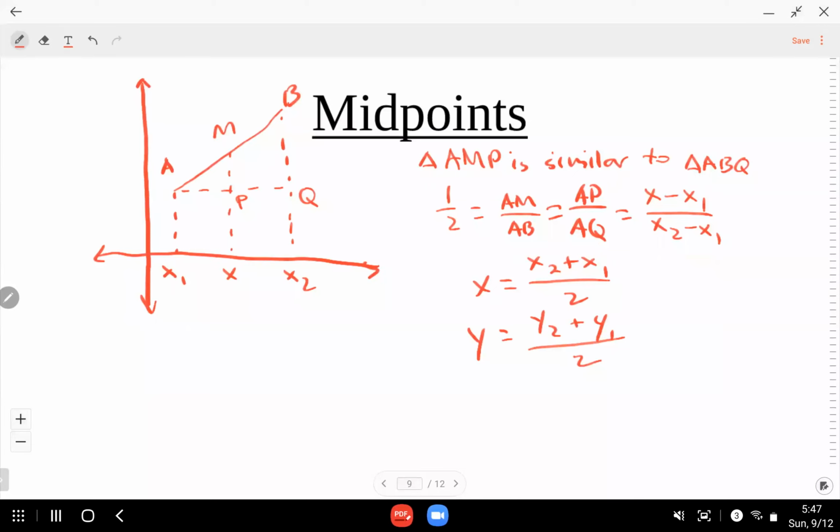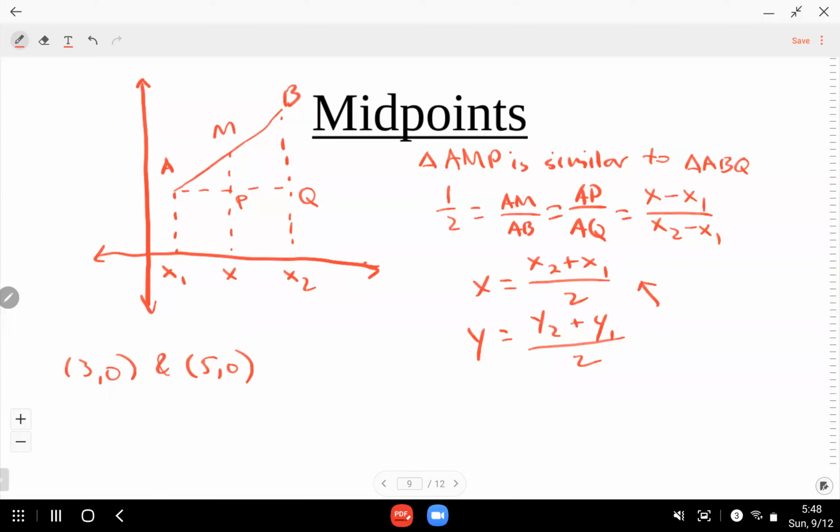Let's give a very easy example. Find the midpoint of 3, 0 and 5, 0. All right, so let's use this formula.